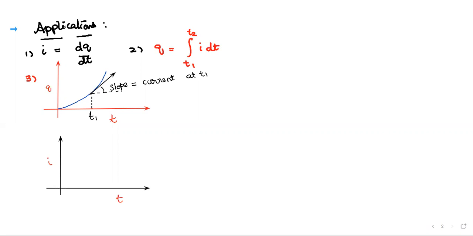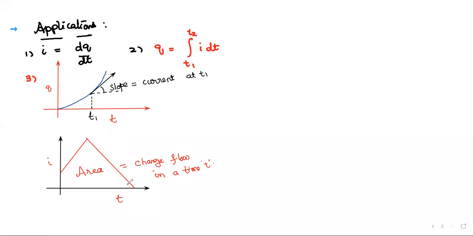Suppose the current changes like this with time. Then this is the shaded area under the graph. That area gives the charge flown through the conductor in a time t.